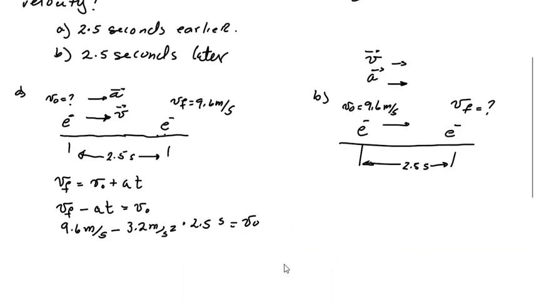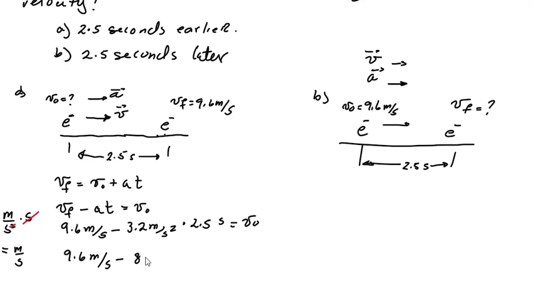So we perform these operations and we get 9.6 meters per second minus, you multiply 3.2 times 2.5, that gives you 8, and meters per second squared times second would be meters per second, of course, right? Because we have the product of meters per second squared times second. So we're going to cancel this second with one of these, and then we're going to get as output the unit meters per second.